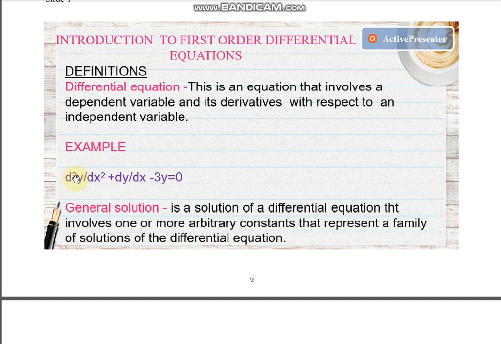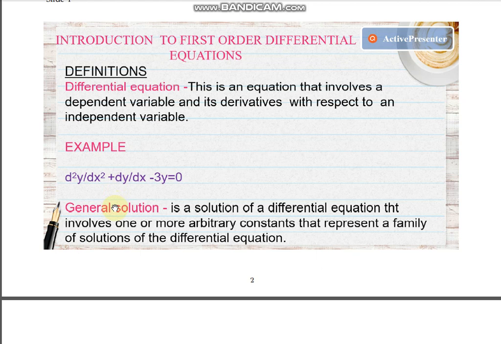We say this one is a differential equation because it has derivatives and the variables y and x, which are the independent and the dependent variable. So this one is the independent variable, and the ones that deal with the derivatives are the dependent variable.